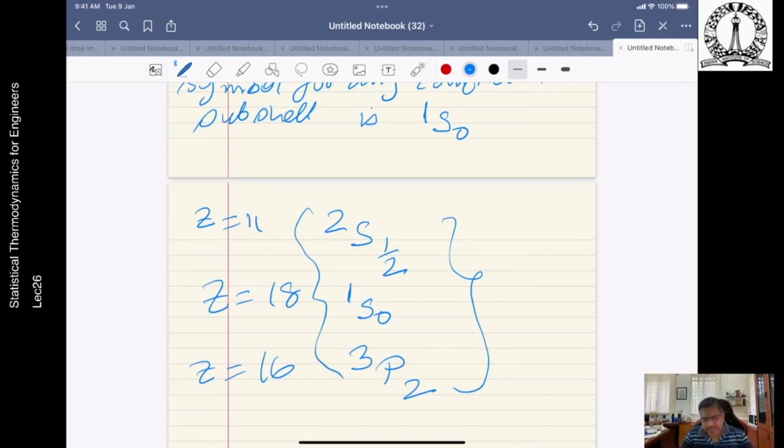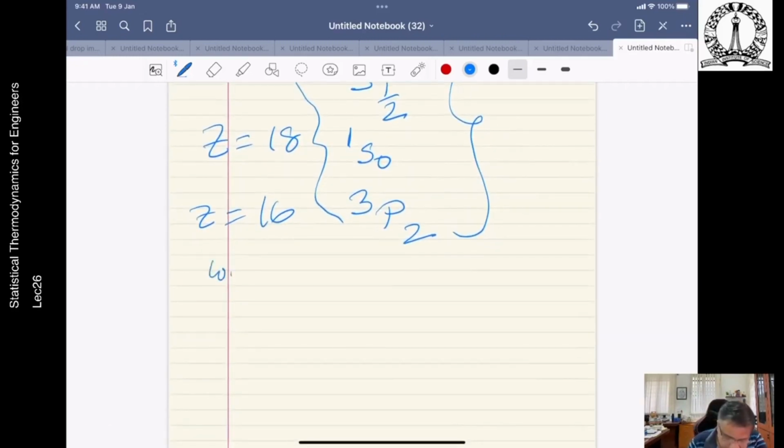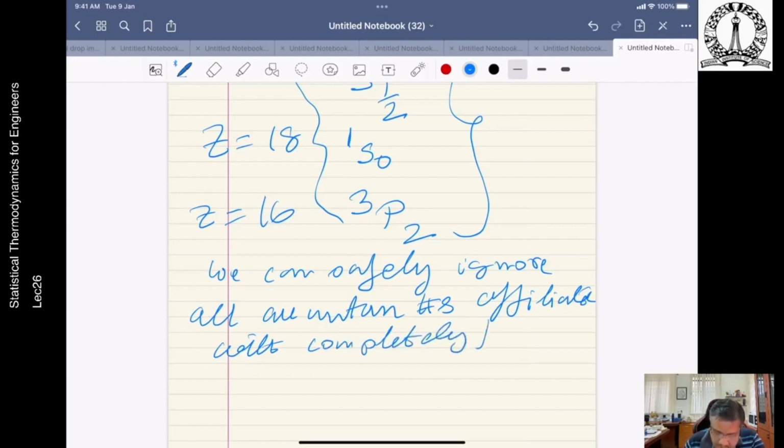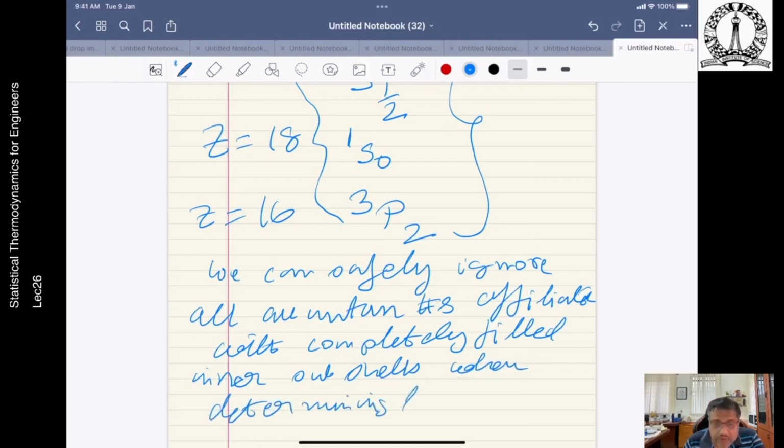So as I said earlier, we can safely ignore all quantum numbers affiliated with completely filled inner subshells when determining the relevant term symbols.